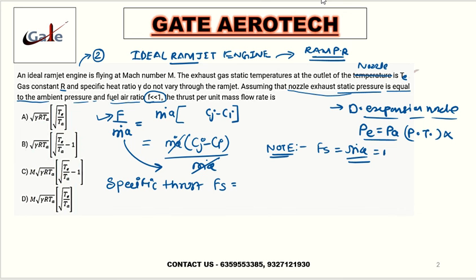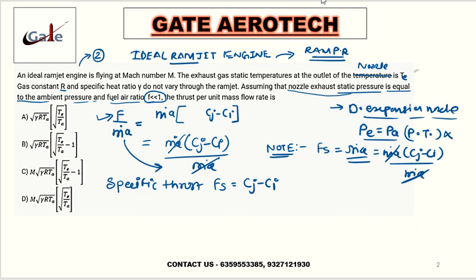Can you tell me how? Thrust is given by this and divided by m dot A, so both mass flow rates cancel out each other, so specific thrust is independent of mass flow rate. Okay, be careful with all this. There are some printing mistakes, or they have made some conceptual mistake in that. So your specific thrust now becomes Cj minus Ci.